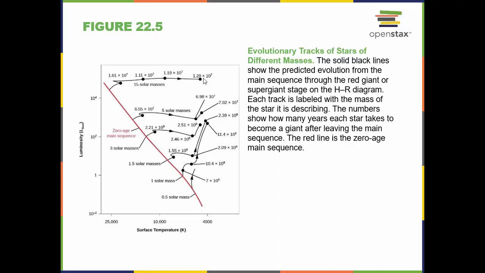Right, so this is at time 0, and then after it's spent its time on the main sequence, it will start to change. So the numbers shown are how many years each star takes to become a giant after leaving the main sequence. And the red line is the zero age main sequence.